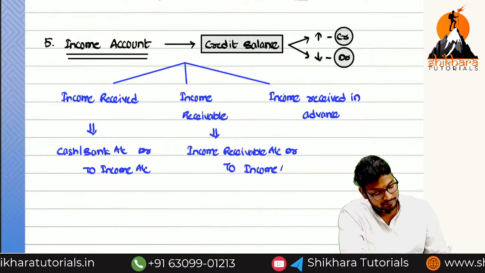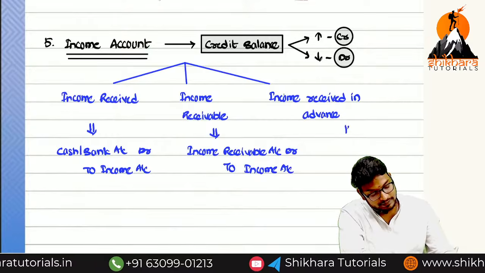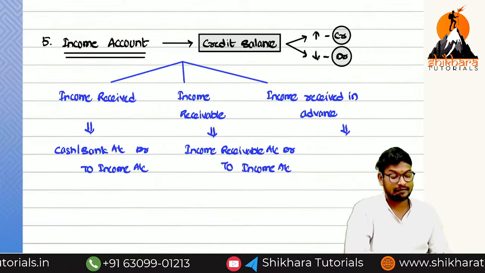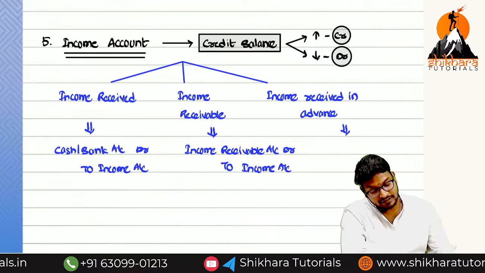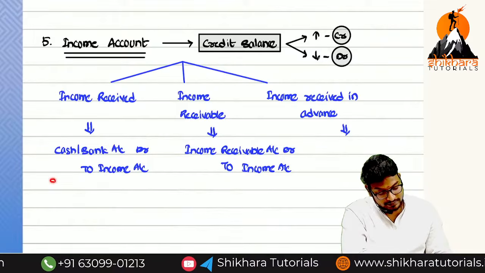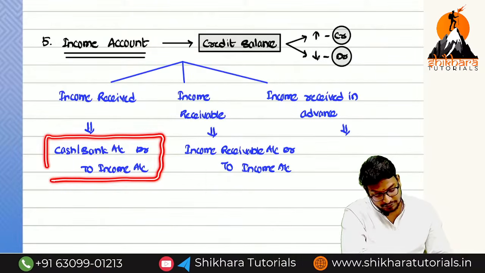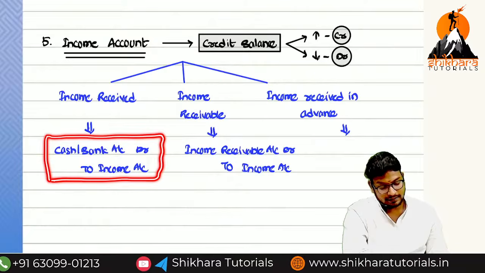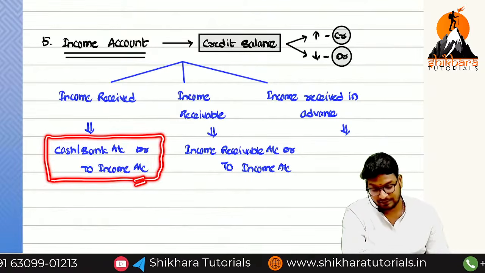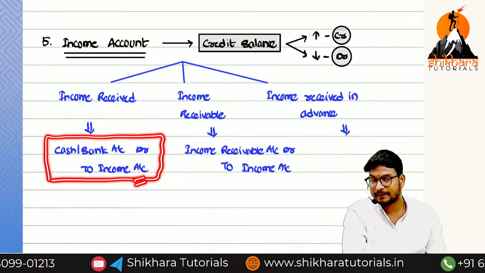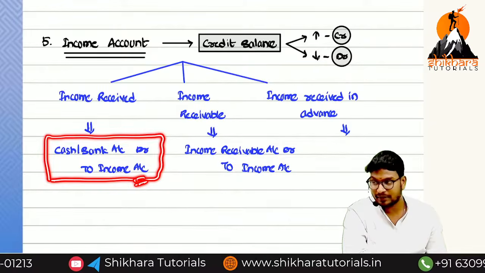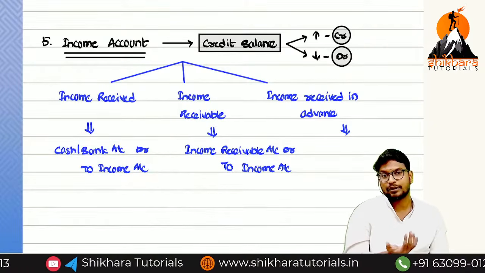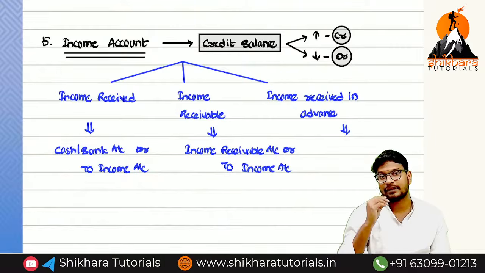Now coming to the income received in advance entry. With income received in advance, they don't know whether the income belongs to the current year or next year, and directly they pass this entry. Which entry have they passed initially? Cash or bank account debited to income account. Suppose 1 lakh only belongs to this year, but for 3 lakhs they are recording the same entry.